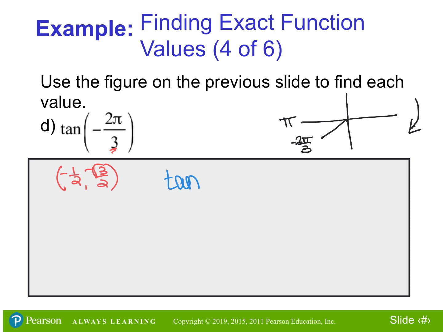The tangent of a negative 2 pi over 3 is really going to give me my y value, a negative square root of 3 over 2, divided by a negative 1/2. We just simplified this in the previous problem, so that's also going to give us a positive square root of 3.